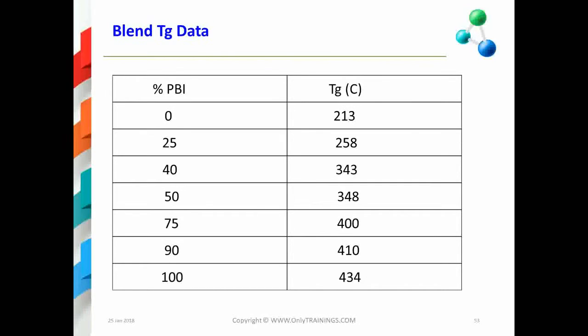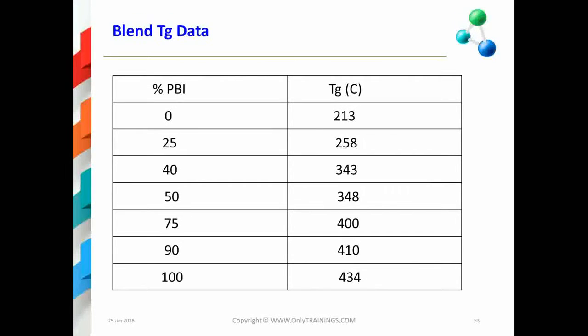This slide shows Tg data, or glass transition data, for the various blend compositions that were produced. First, and probably most importantly, a single Tg was observed for all the blend formulations.